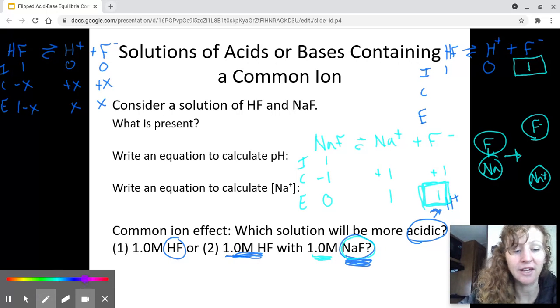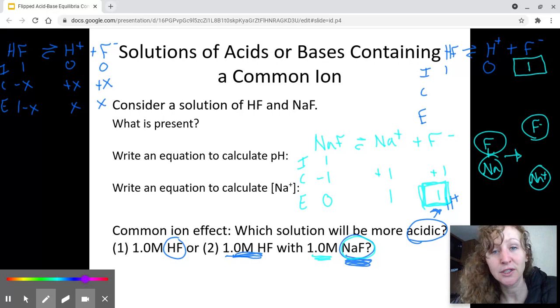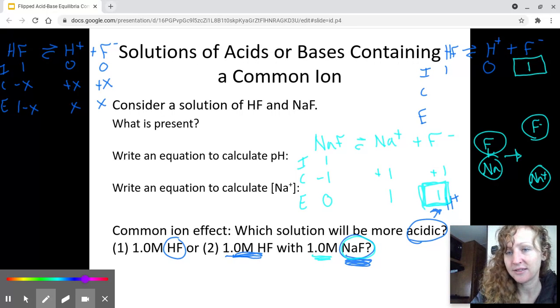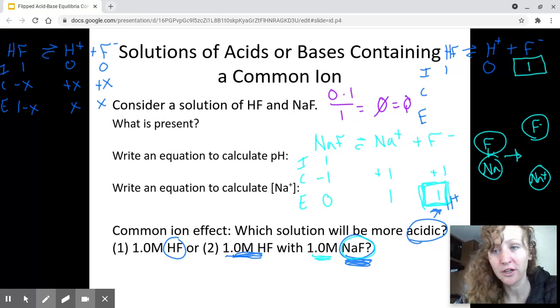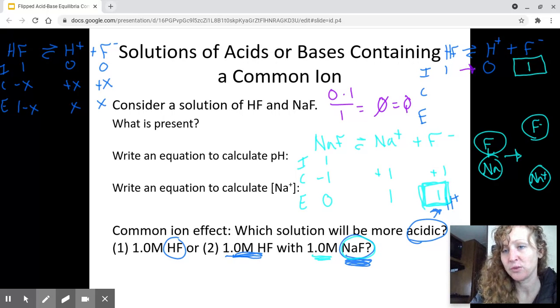Well, HF is still a weak acid, right? It's going to dissociate. If I calculate Q, 0 times 1 divided by 1, my Q is still equal to 0, right? So my Q still needs to get bigger. I'm still going to shift this way.